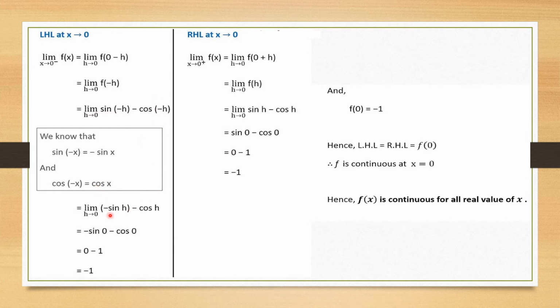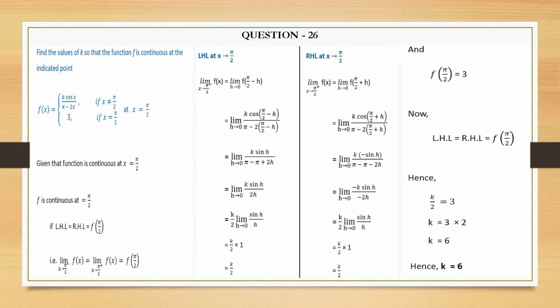So it becomes minus sine h minus cos h. When I put the limit, sine 0 is 0 and cos 0 is 1, so it turns out to be minus 1. Similarly, f of h is sine h minus cos h. Sine 0 is 0 and cos 0 is 1, so I get minus 1, and f of 0 is also minus 1. So LHL equal to RHL equal to f of 0. The function is continuous for all real values of x.